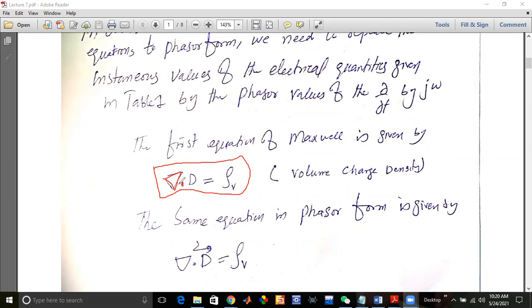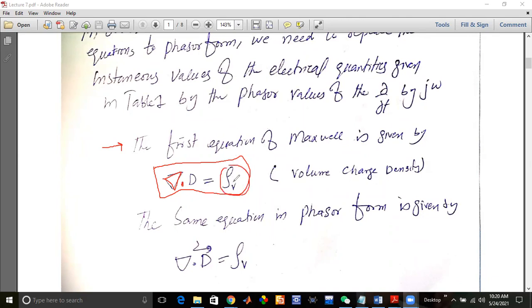So when this operator is in dot, we say that the divergence of the electric flux density is equal to volume charge density. The Maxwell first equation says that the divergence of electric flux density is equal to the volume charge density, where rho v is the volume charge density.